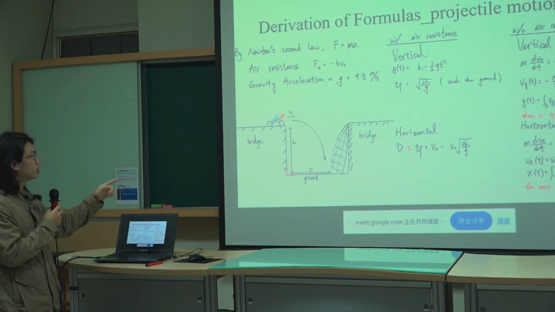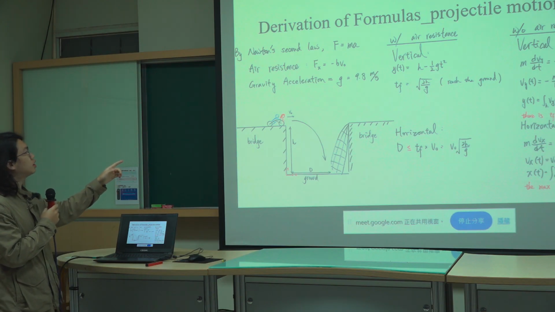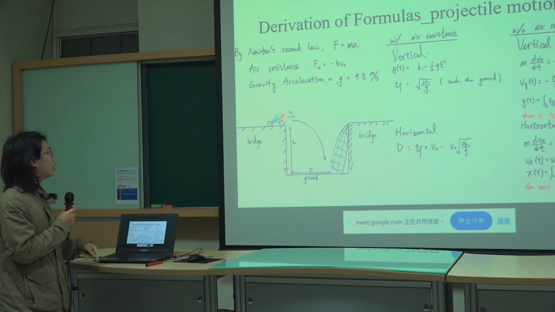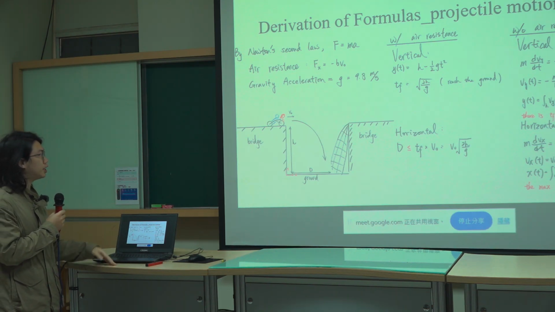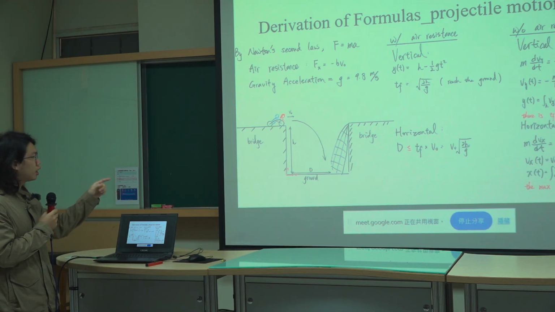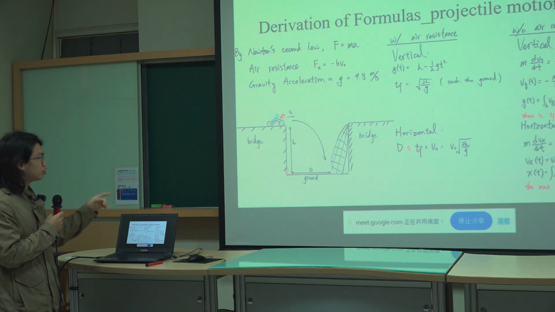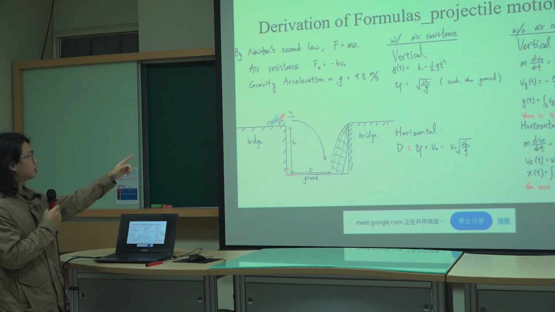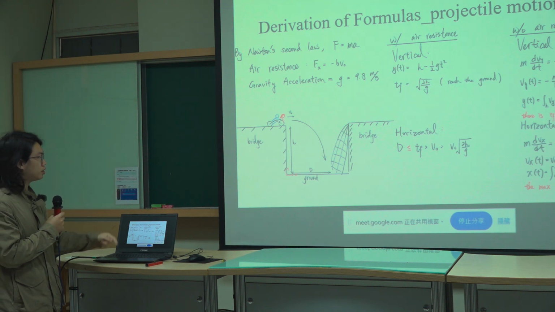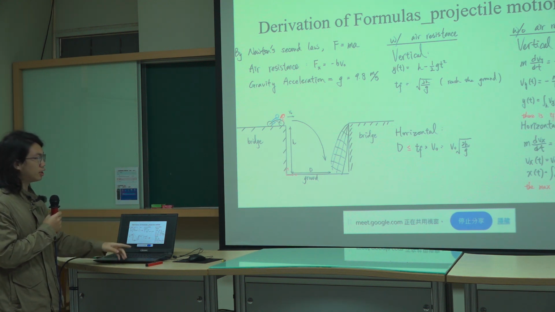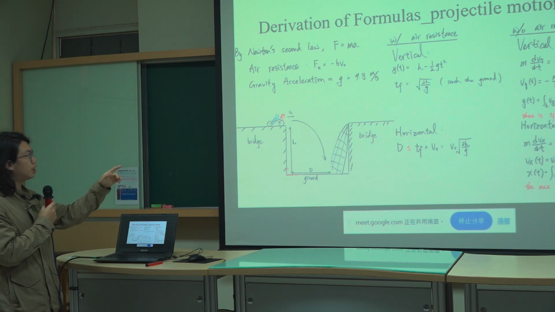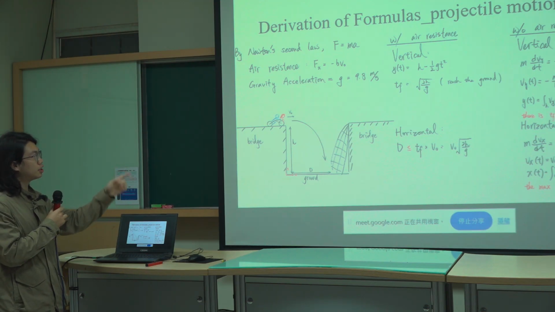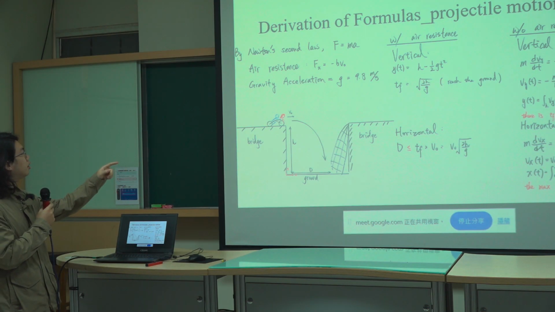So the vertical position is h minus 1/2 gt squared, and the time to reach the ground is root 2h over g. So the max horizontal distance is the time to reach the ground times the initial velocity, which I provide here, and I try to consider the air resistance.